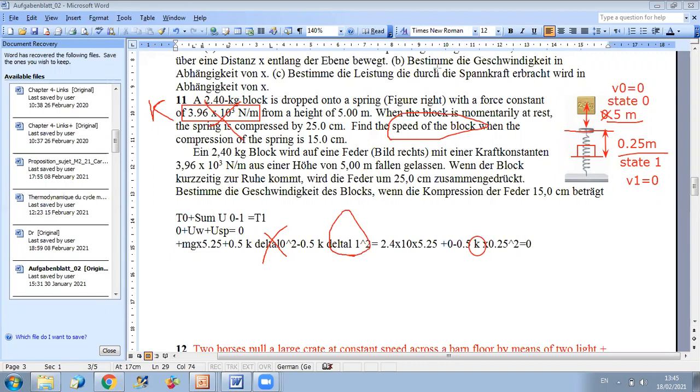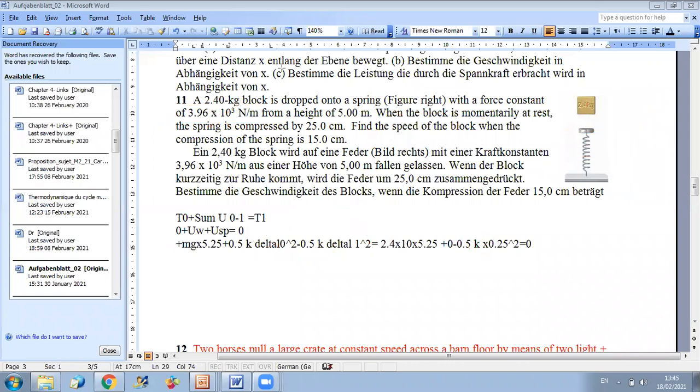Now in order to find the speed when the compression is 15 centimeters, let's go between states. Now we will define new states. We define state 1 as we said, the compression is 0.25, and state 2, the compression is 0.15.